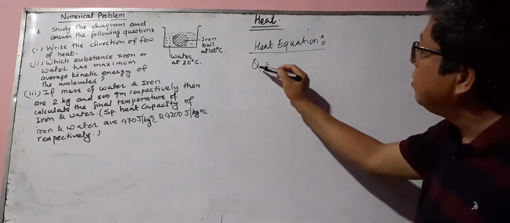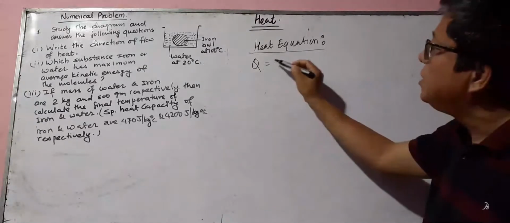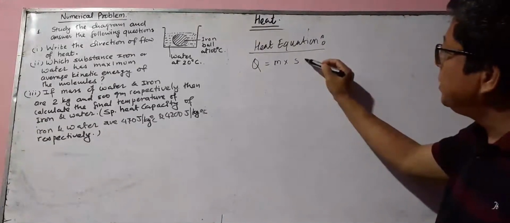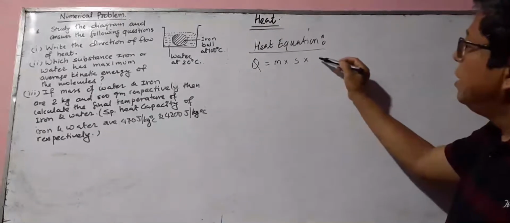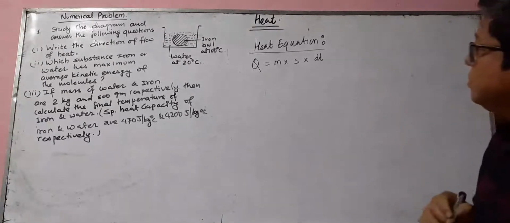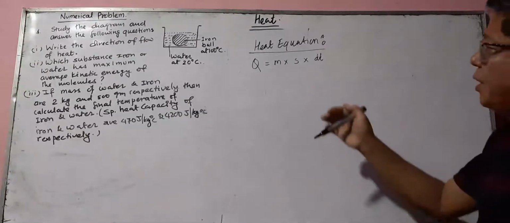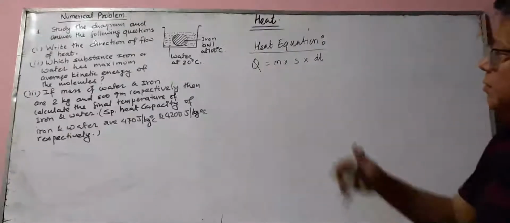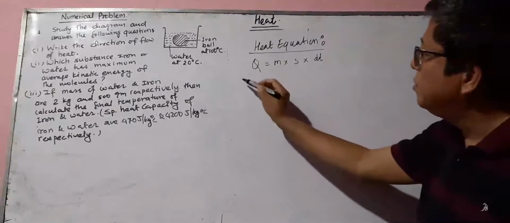The heat gain or lost, quantity of heat gain or lost is the product of mass, specific heat capacity S into the change in temperature. Okay, so this is the heat equations. It is a brief.